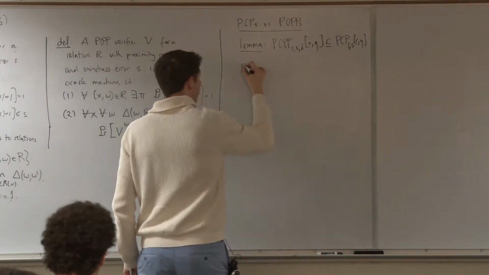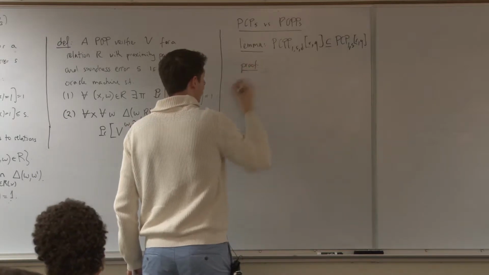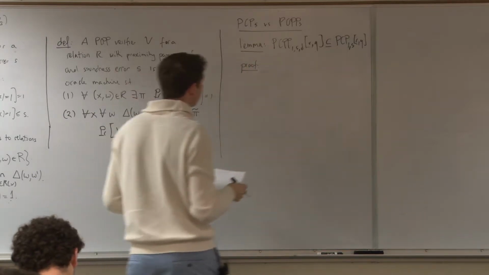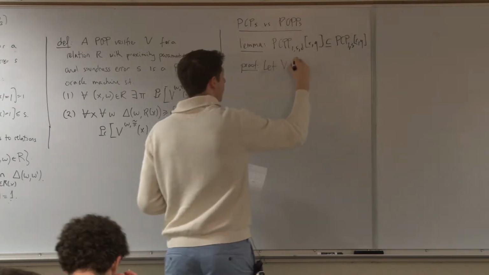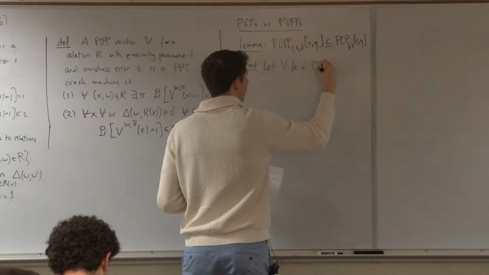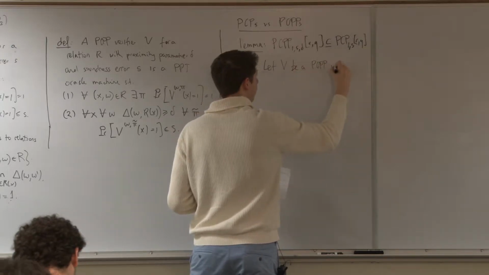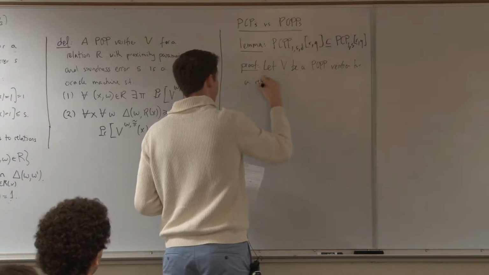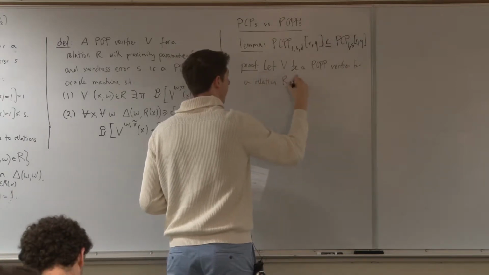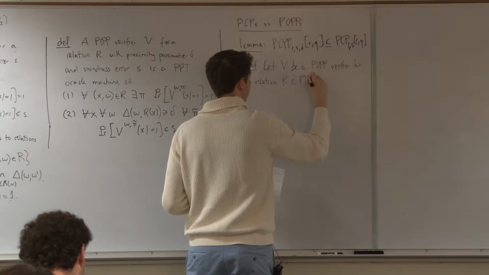Okay, so let's prove it so that we can actually convince ourselves. Let V be a PCPP verifier for a relation R in this class.